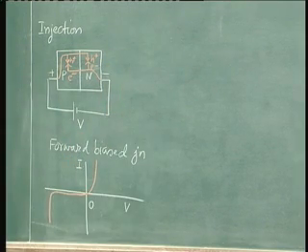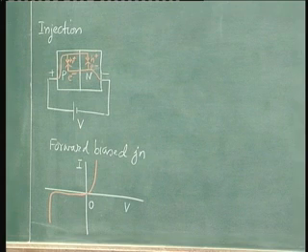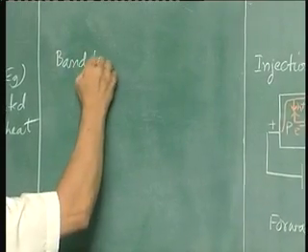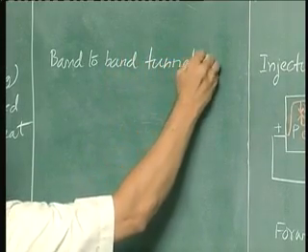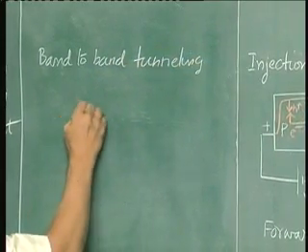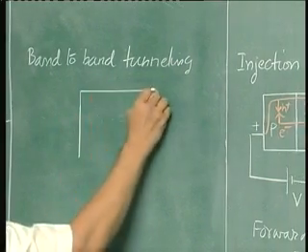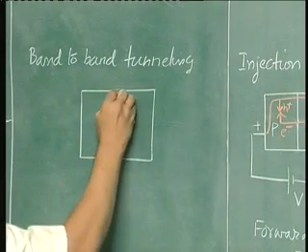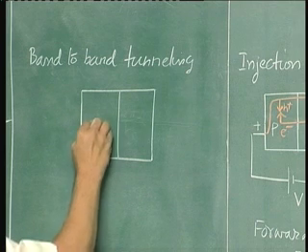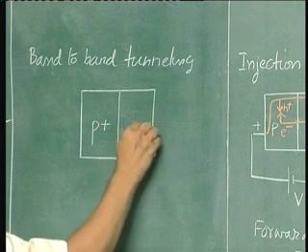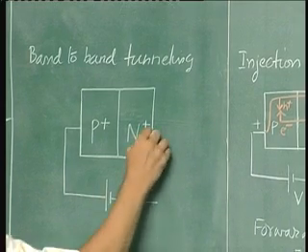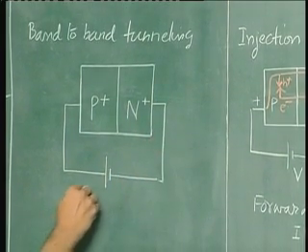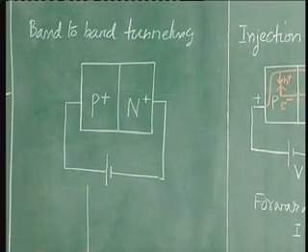So we can probably show it here, band to band tunneling. So here you have a p-n junction where this side is heavily doped and this side also is very heavily doped, and when you forward bias this junction, it turns out that your characteristics look something like this.